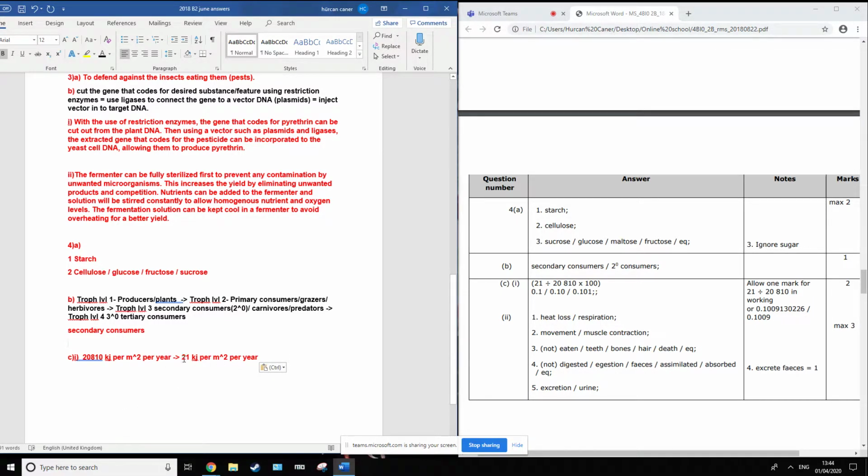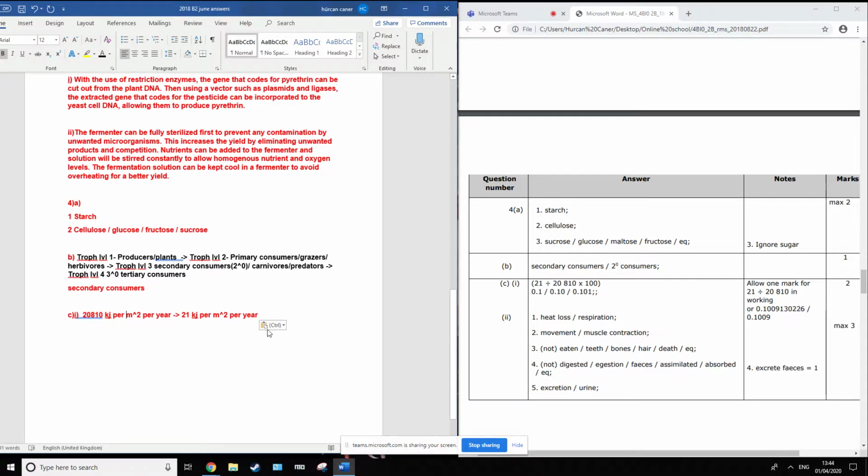So what percentage of 21 is 20,810? So we're gonna calculate what percent is 21 of 20,810. Okay? 21 divided by 20,810 times 100. How do we do this? Do you remember the way I showed you? In 20,810, if it's 21, what is it in 100?